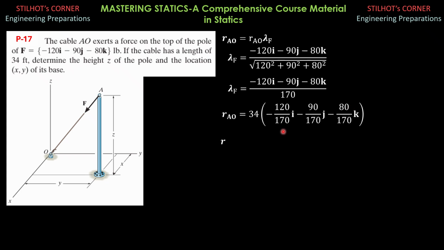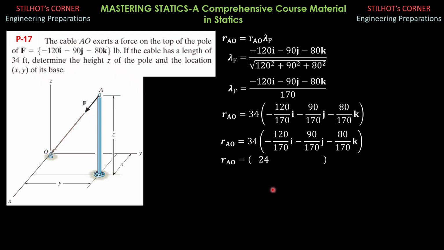Distributing, RAO equals negative 24i minus 18j minus 16k. If we have ROA, then we just make it the negative of this whole quantity.